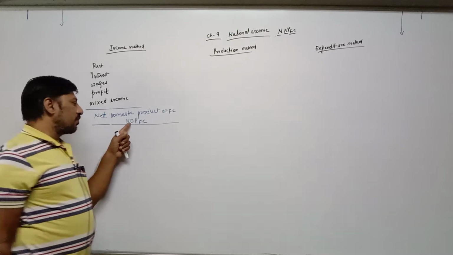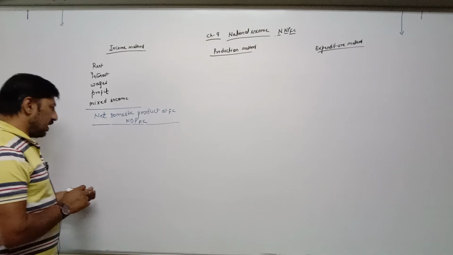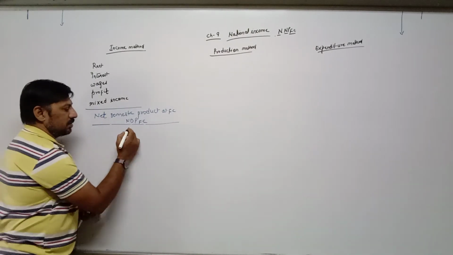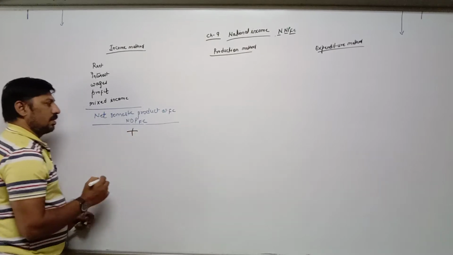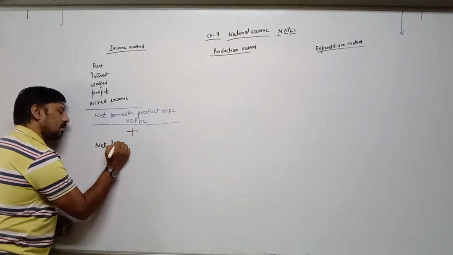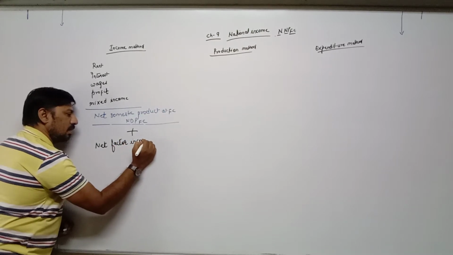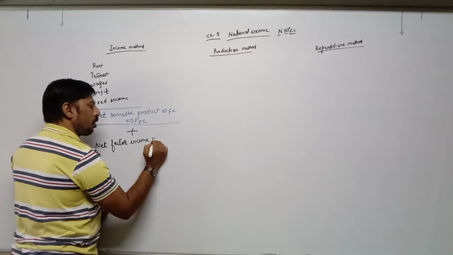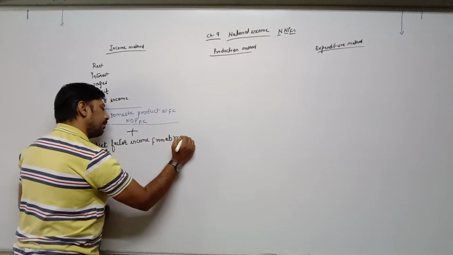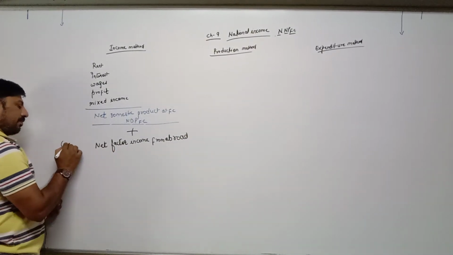Now we have to convert this NDPFC into NNPFC. So we need to add net factor income from abroad, in short called NFIA.